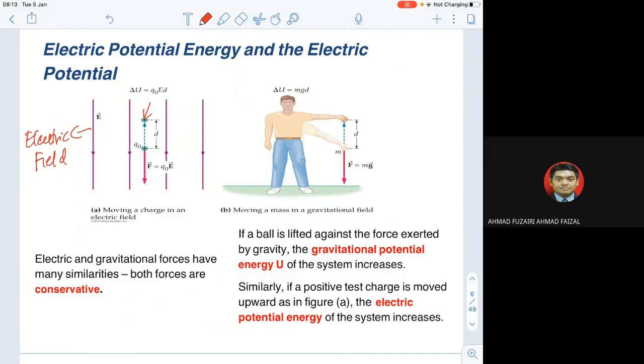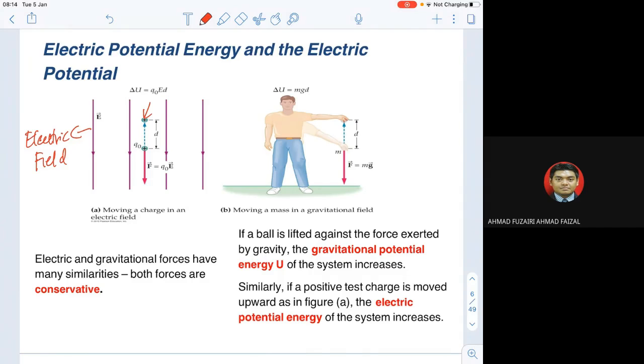As we learned in the previous chapters, the positive charge will have a force, and that force follows the electric field's direction.